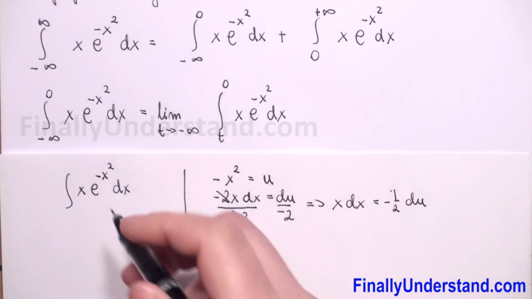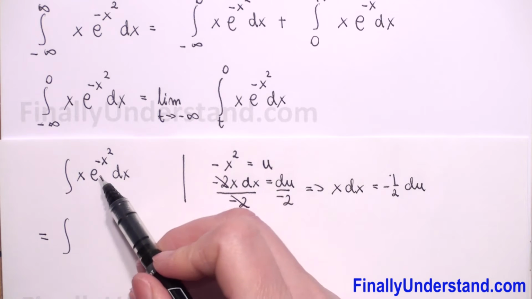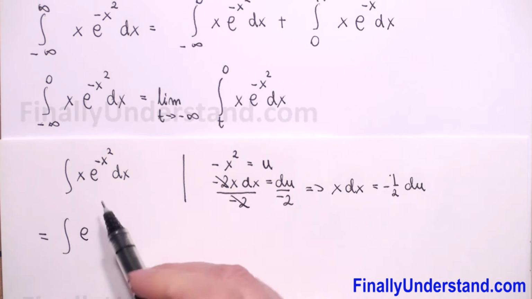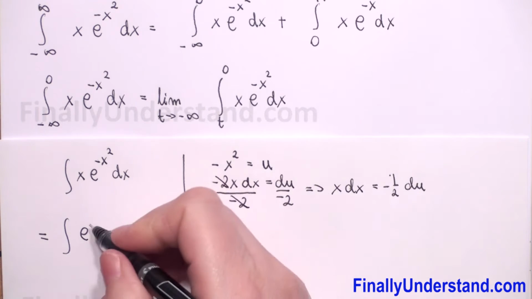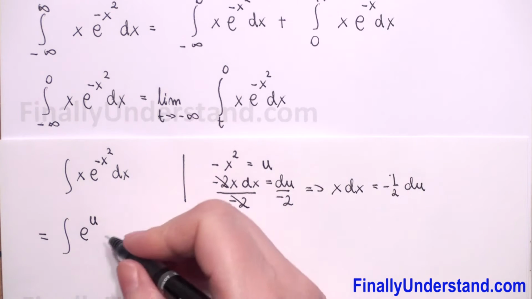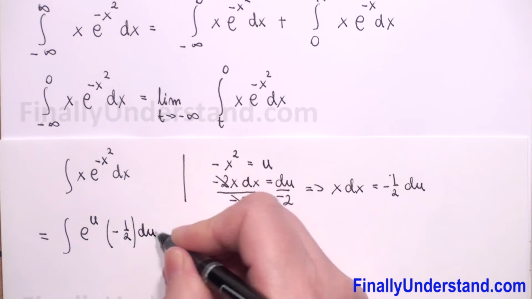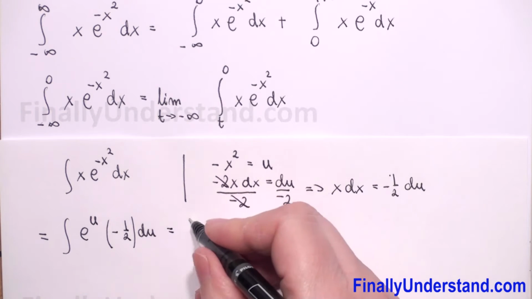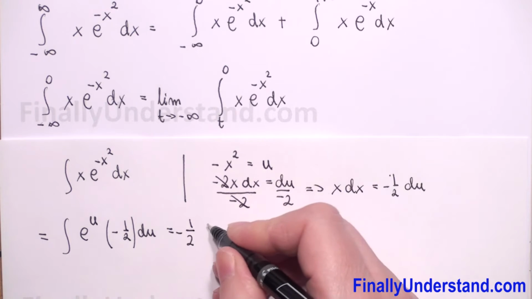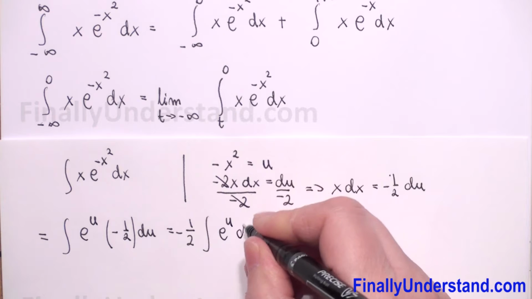So now we can come back to our integral and rewrite this: we have e to the power of negative x squared, which is u, and x dx we substitute by negative 1/2 du. I can put negative 1/2 before the integral symbol, and we have integral of e to power u with respect to u.